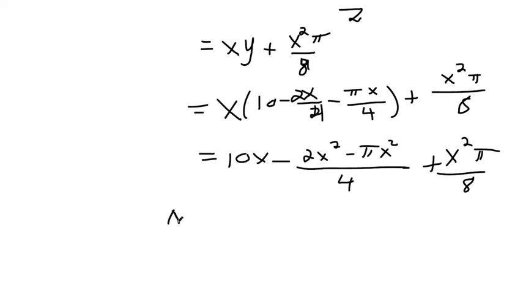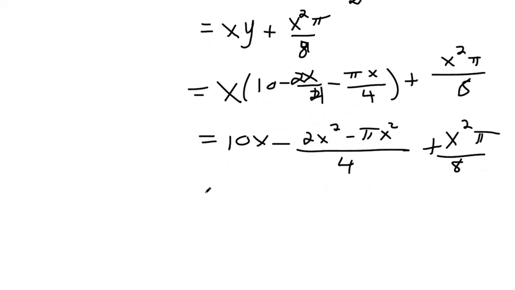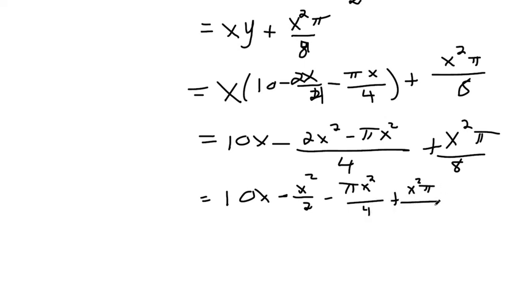Because we want to take a derivative and set the derivative equal to 0 so we can maximize it. It's actually a little easier if we separate it. I forgot we're taking a derivative. So you can combine it like this, but I'm going to go back to this form over here. That's x squared over 2 minus pi x squared over 4 plus x squared pi over 8.